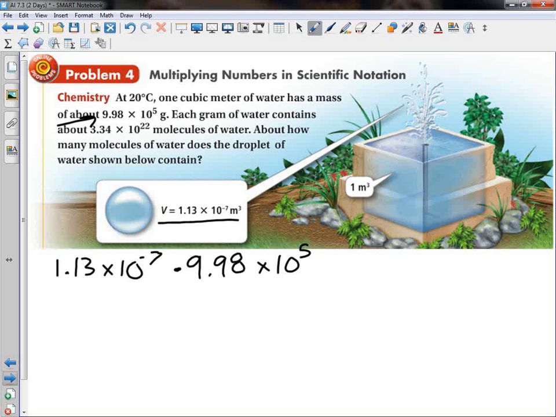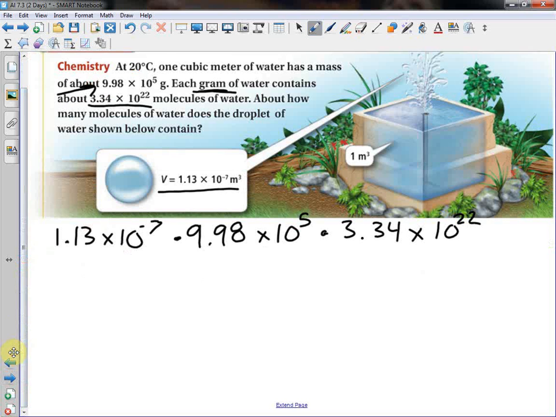So that gives me my volume times my mass. But then in each gram, so if I take my mass and I multiply it by how many molecules there are, this should give me how many molecules in one droplet of water.